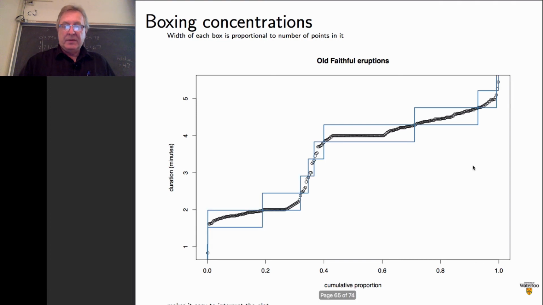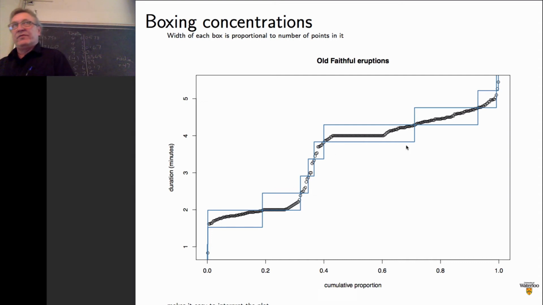So if I do that across the whole data set, keeping the height of the box fixed and seeing where it intersects the quantile plot, I'll get different widths, and every width identifies the concentration of the data. Wherever this is wide, there's lots of points. Everybody with me?